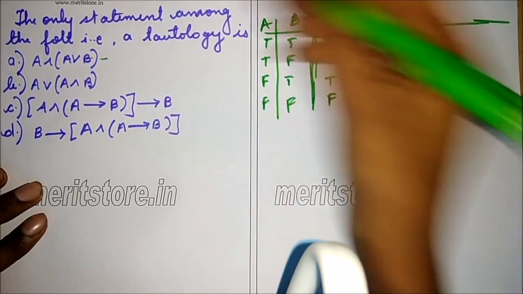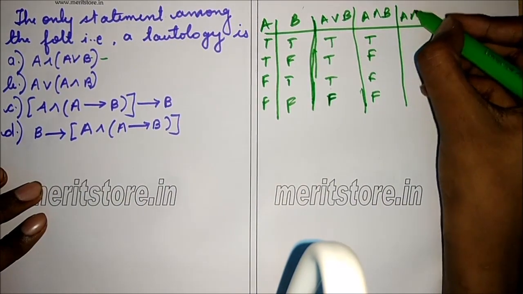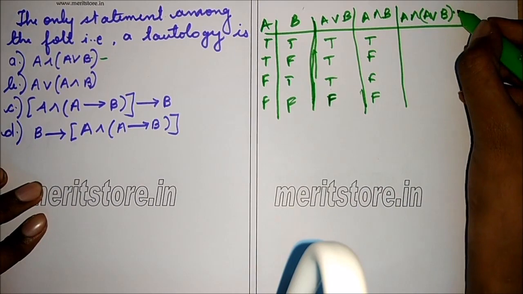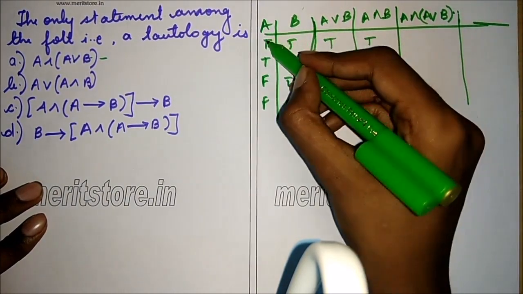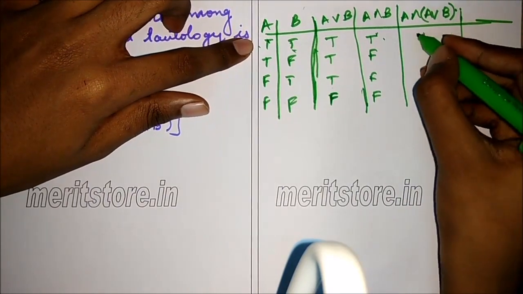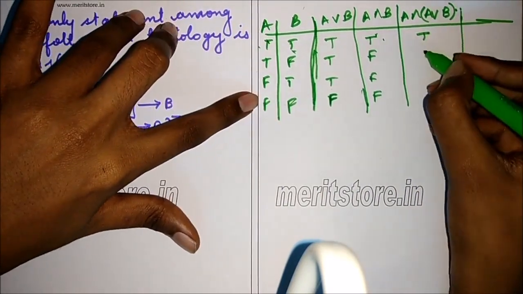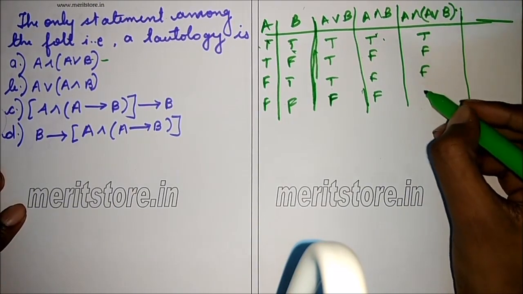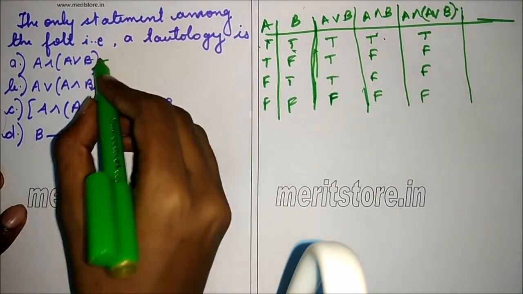Now the first option, A and A or B. Here TT is T, else it is false. So this is not a tautology.